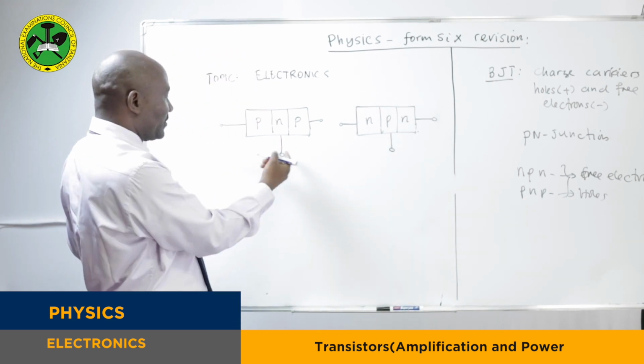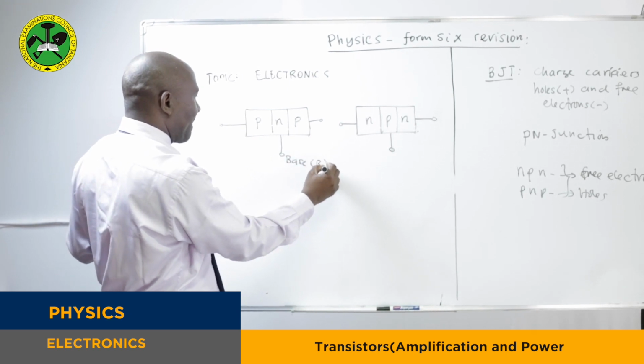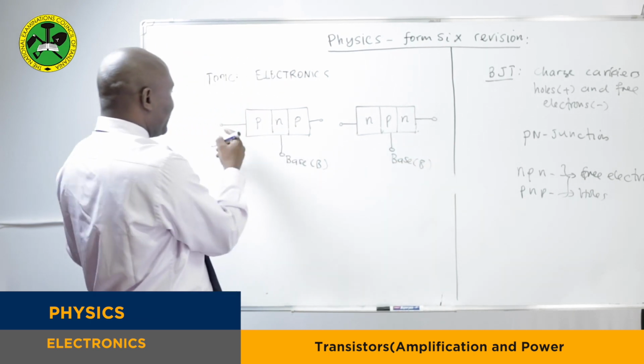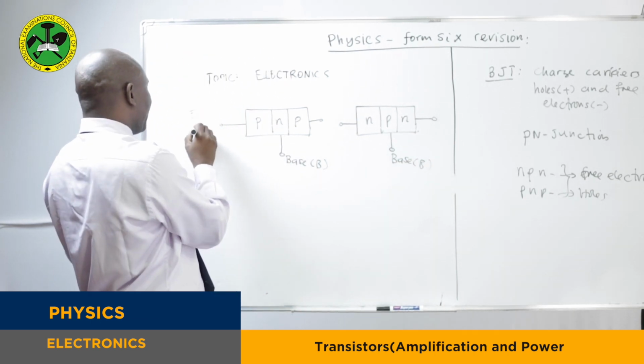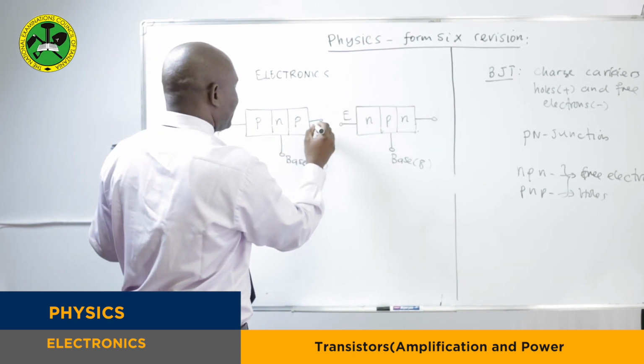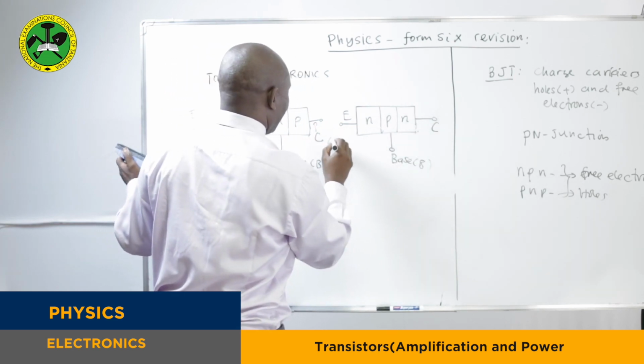In between, this is given the name the base, B. This is given the name E, emitter. And this is the collector.